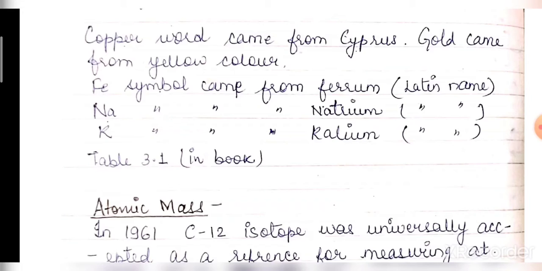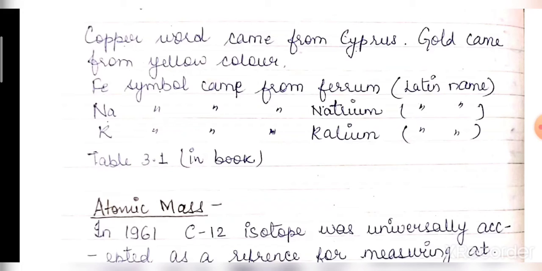So the symbol of copper is Cu, whereas gold has the symbol Au, which is derived from the word aurum. Then Fe is derived from ferrum, that is a Latin name. Na is derived from natrium, which is also a Latin name.